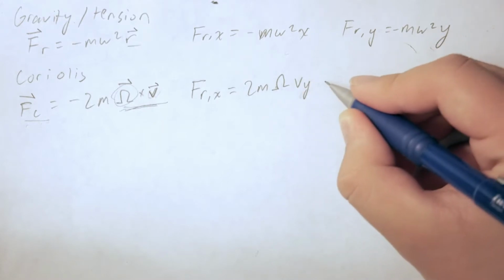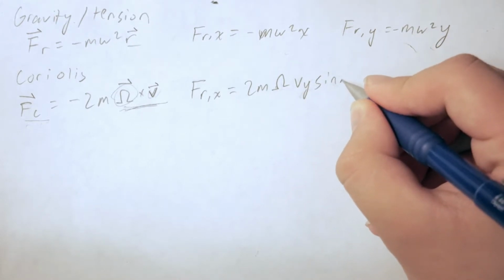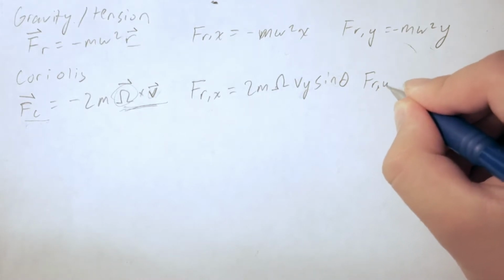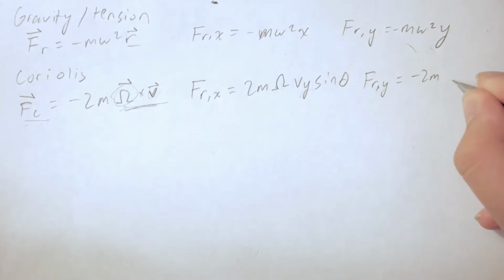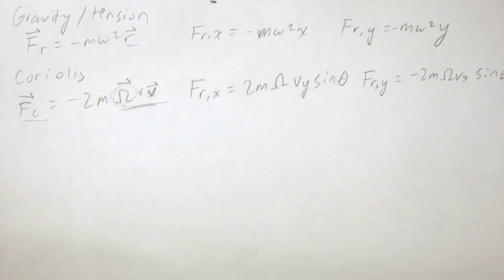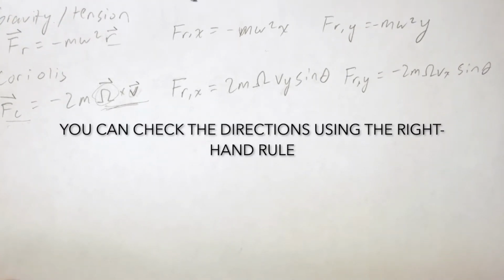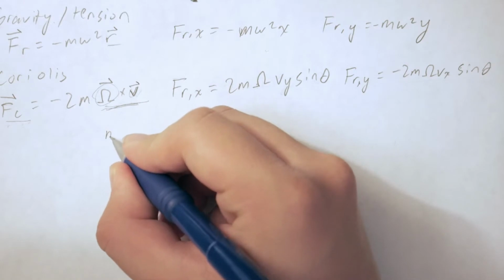So we would be looking at the y velocity, and then similarly for the y force, we look at the x velocity. So now we can write our equations in x and y using Newton's second law.